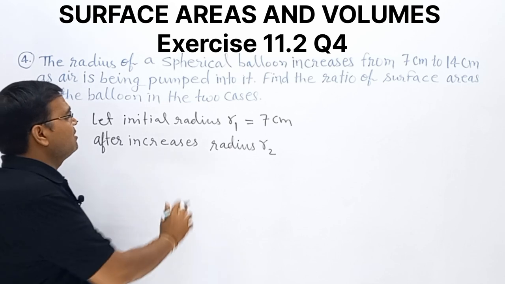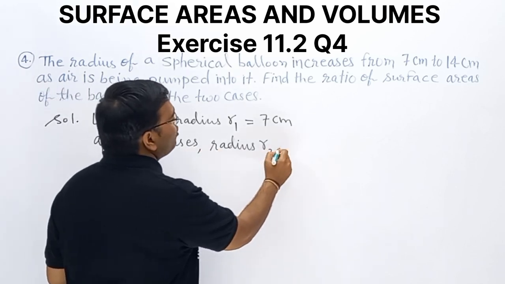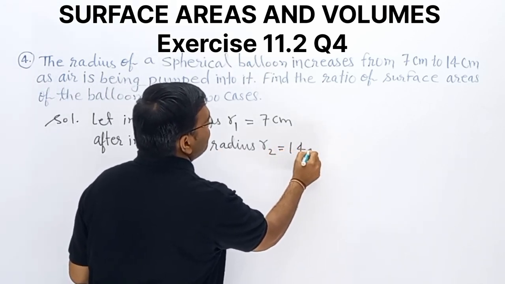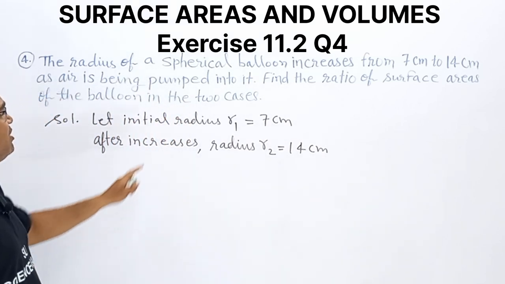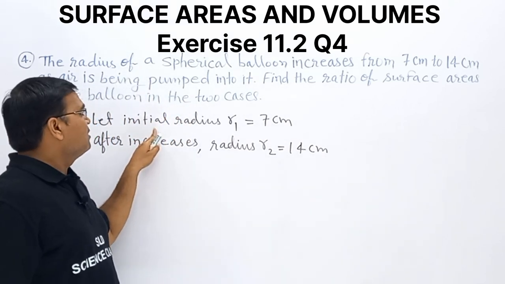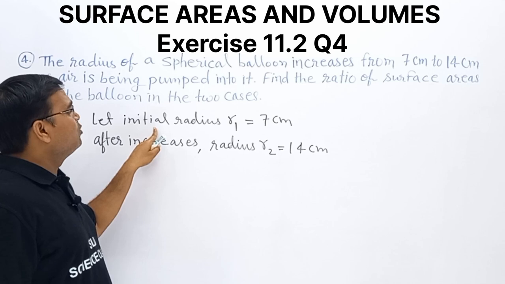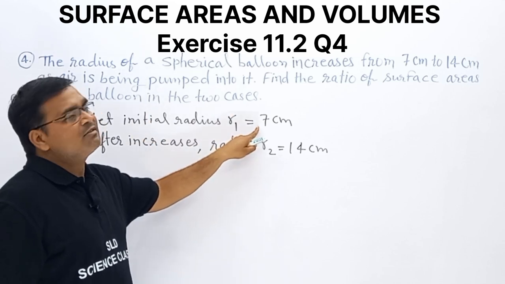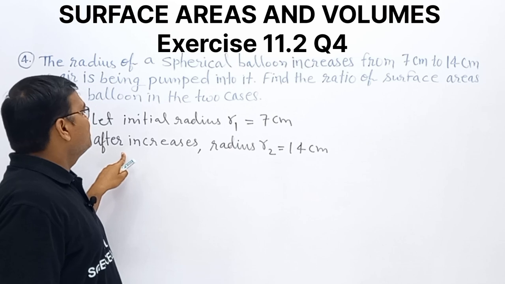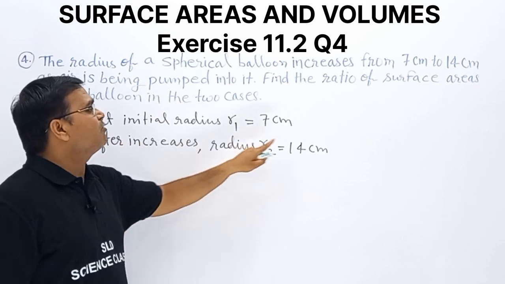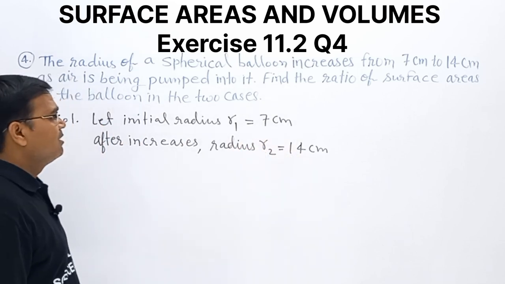After increasing, R2 equals 14 centimeter. Two things we have: initially the balloon radius is 7 centimeter, and after pumping air the radius is 14 centimeter.